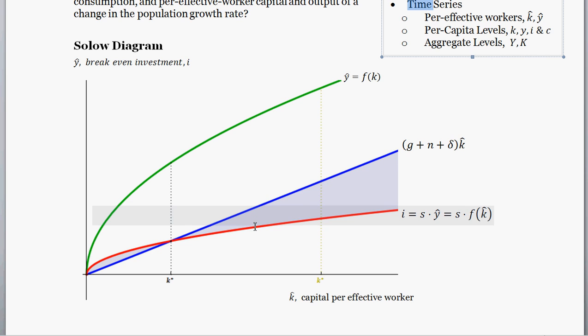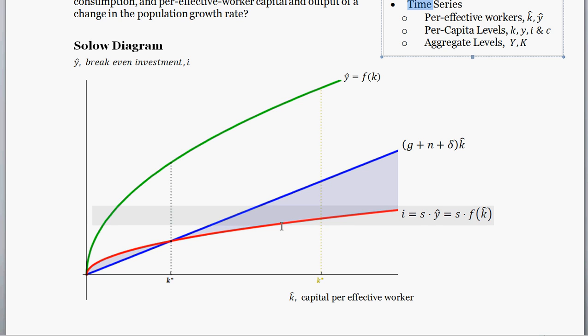Now we're at this level over here, and the break-even line is still above the investment line, but not as far above as before. So capital per effective worker is going to decrease, but not by as much as the initial decrease. We decrease it a little bit, and once again the break-even investment line is above the investment line, but the gap is not as big as before.